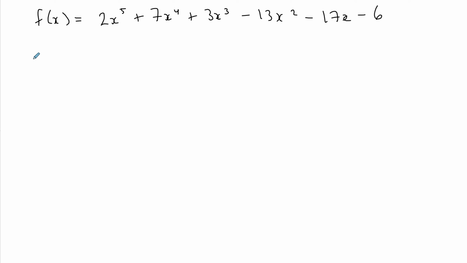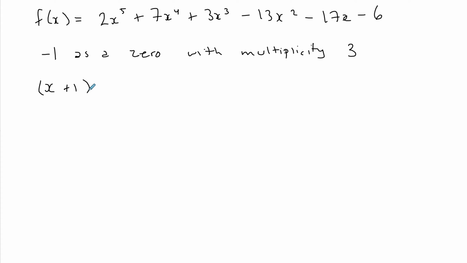So if I tell you that this function has -1 as a zero with a multiplicity of 3, this means two things. One is that the expression x plus 1, remember you reverse the sign, divides my f of x 3 times.